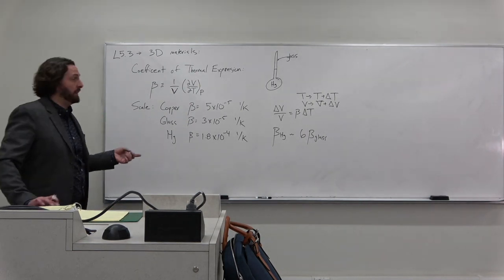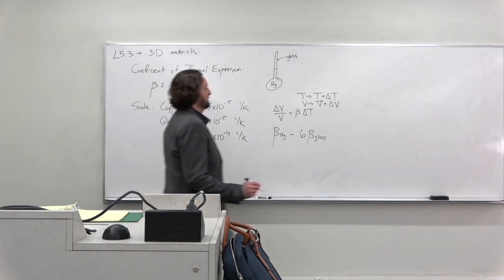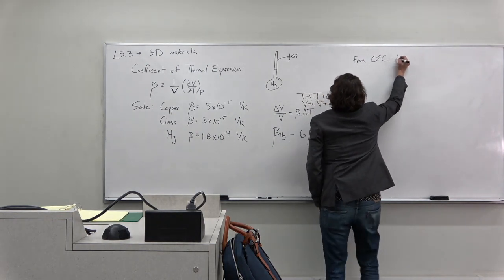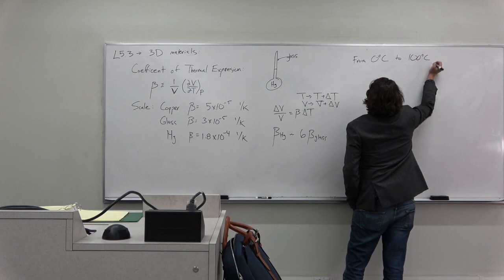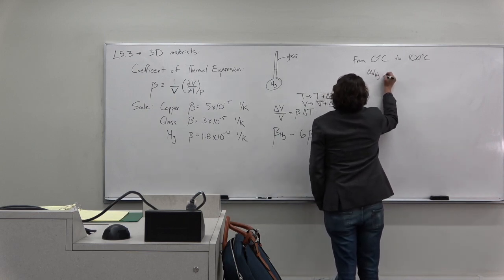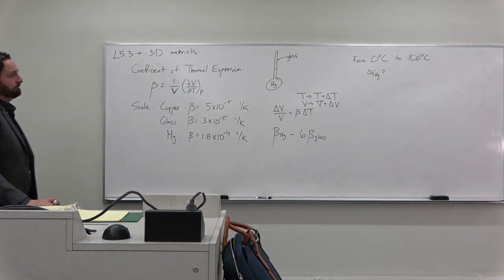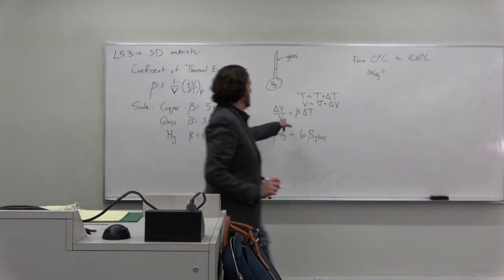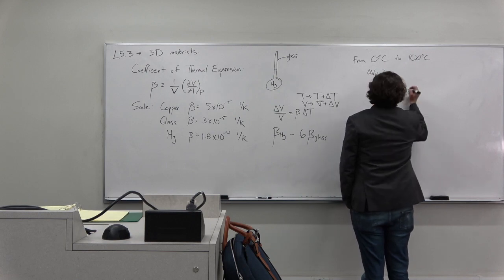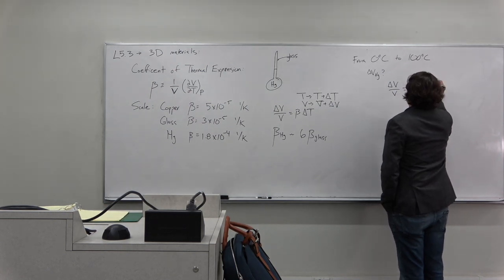We can actually even calculate, for example, if we go from 0C to 100C, let's say the working range of this thermometer, how much does the volume of mercury change? Well, you can just calculate delta V over V. So this would be a percentage. So mercury is 1.8 times 10 to the minus 4.